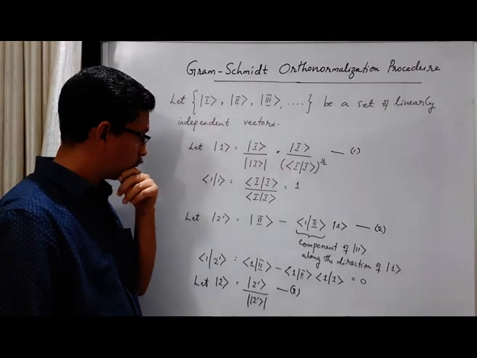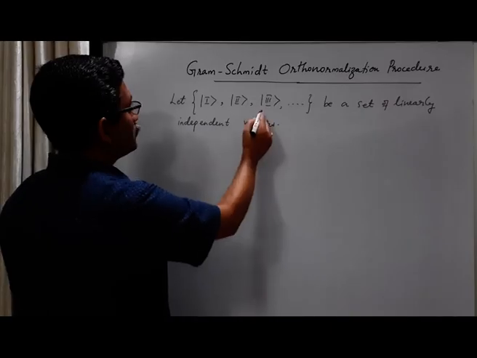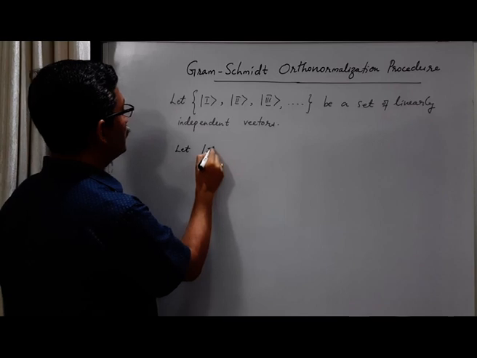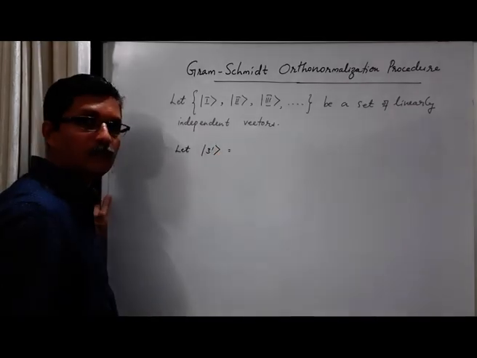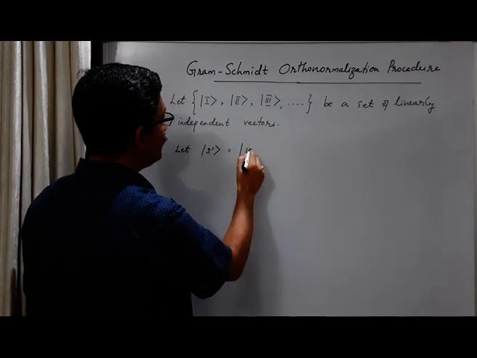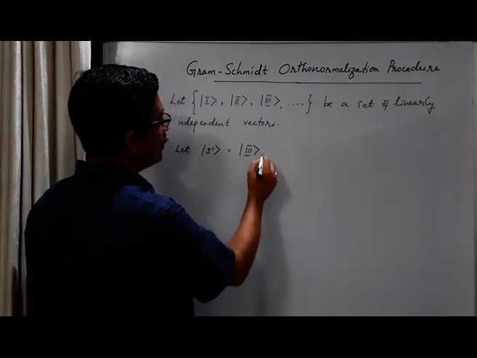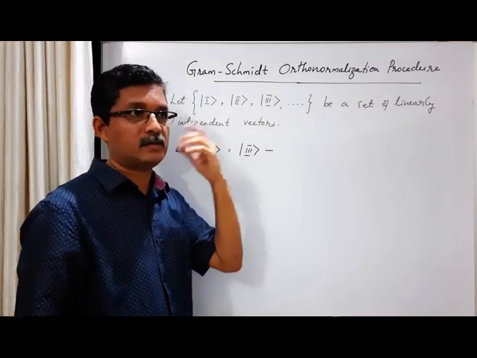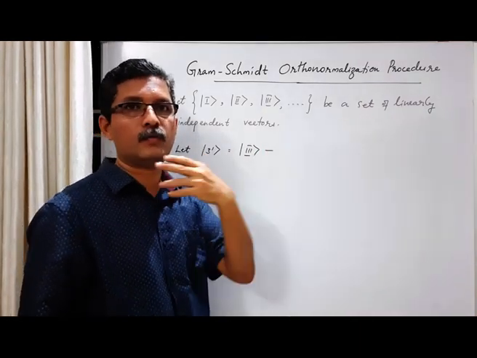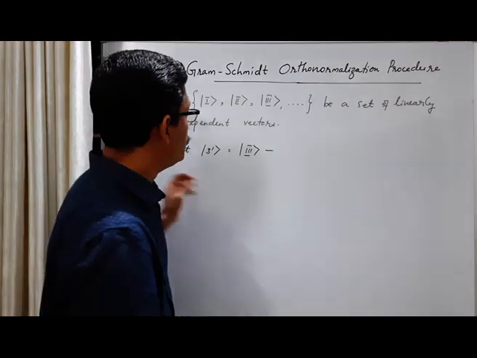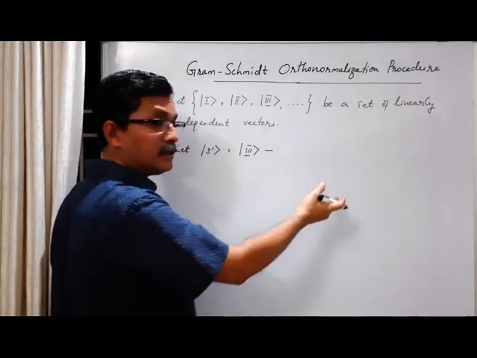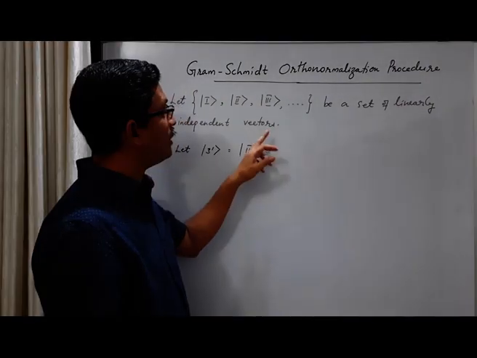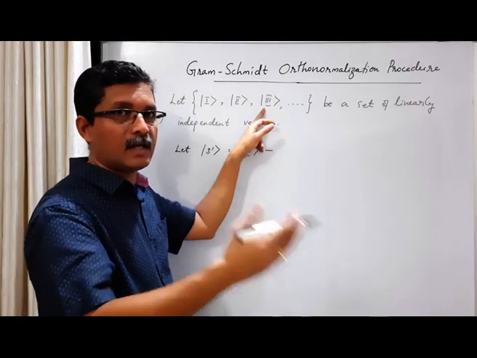Okay. What about the third vector? So I am taking |3⟩ and I am defining |3'⟩. How? From |3⟩, this is now the Roman ket, I am subtracting the components along the direction of |1⟩ and the component along the direction of |2⟩, both. So first let us take the component along the direction |2⟩. What is the component along the direction |2⟩? You have to take the inner product between |2⟩ and |3⟩, with the direction as |2⟩.